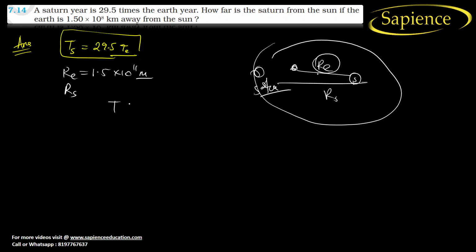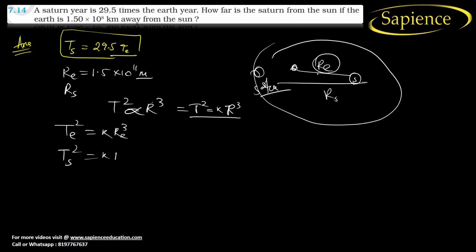We know that Kepler's law: T square is proportional to R cube. So can we write here T square is equal to K into R cube. So time for the Earth whole square is equal to K into RE whole cube. And also time for the Saturn whole square is equal to K into the orbital radius of the Saturn whole cube.